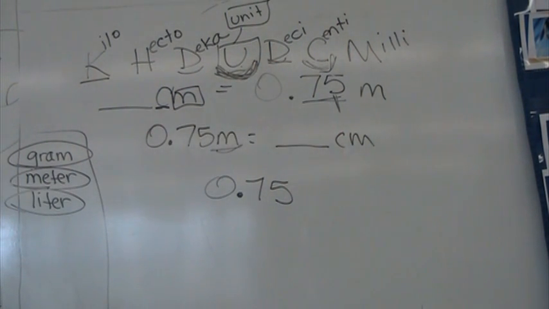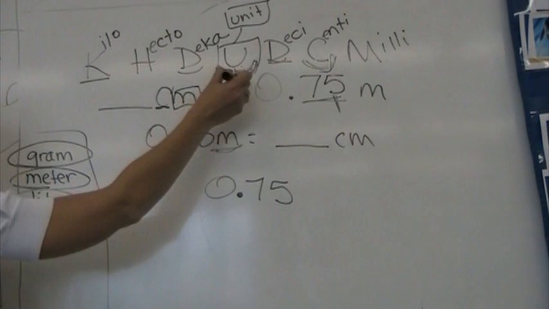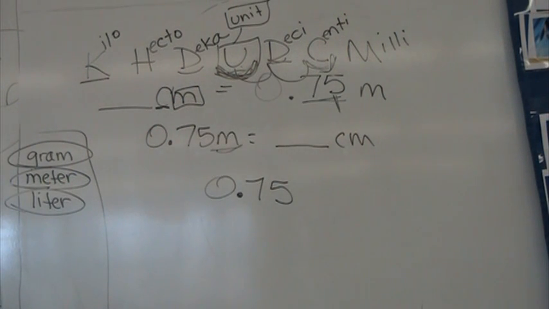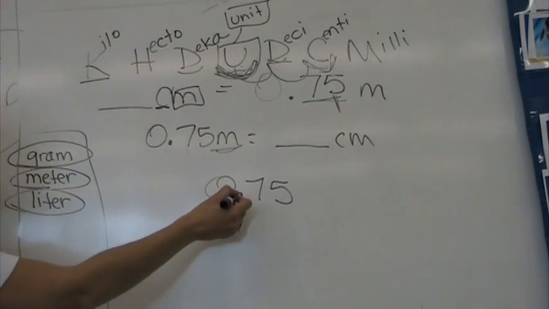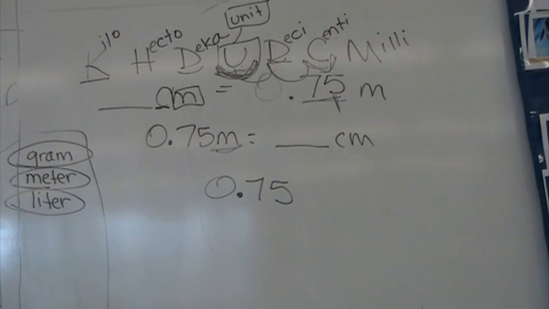Am I going left or right? To the right. And how many times do I have to jump to move from the unit to the centimeter? 2 times. So the shortcut is, all you have to do now is find your decimal, and you're going to move it 2 times to the right, and you're done.